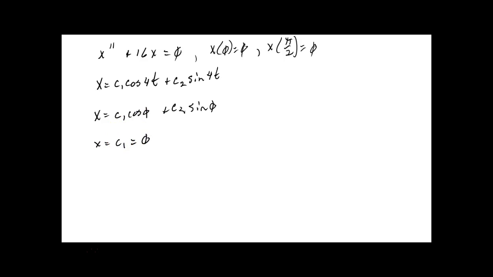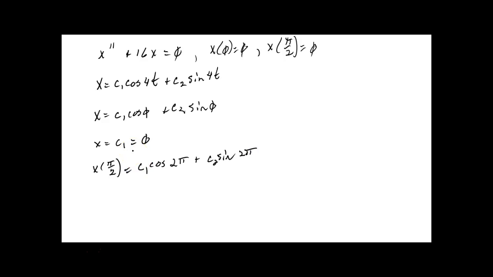Well, what does the second one imply? x of t equal pi halves. Let me write it this way so it'll be easier to think through. That would be C1 cosine of 4 times pi halves, which is 2 pi, plus C2 times the sine of 2 pi.